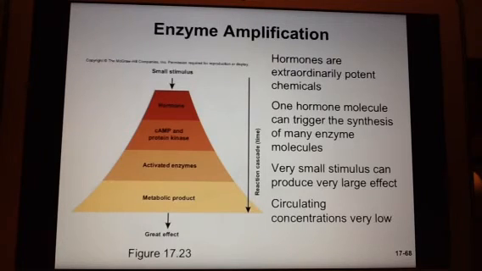And that's all from one hormone molecule. So a very small stimulus can make a big effect, and the circulating concentrations are very low, but then within the target cell, that's when we start to see this amplification.